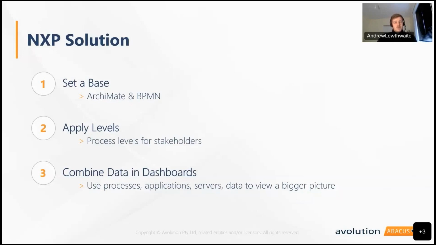Now, both of those can be quite extensive in terms of their notation. So they've also applied different levels to these. And this again comes back to these types of stakeholder views. As a business architect, I may just be focusing on that strategic layer. As an enterprise architect or maybe a solution architect, I'm kind of looking for a slice through all of those layers and the services and products that support each of those areas as well.